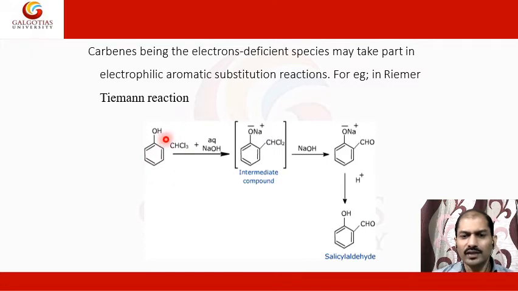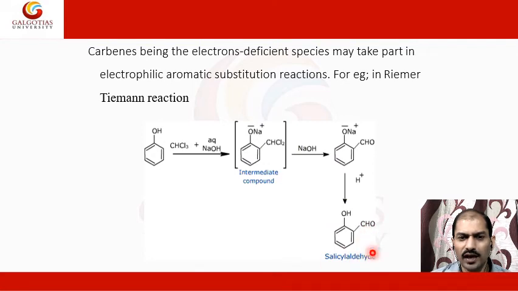You can synthesize salicylaldehyde with the help of this reaction. The Reimer-Tiemann reaction is a very important example when talking about carbene, because here CHCl3, trichloromethane, makes a carbene species in between. Then it reacts only at the ortho position, and after reaction with base it makes an aldehyde group.